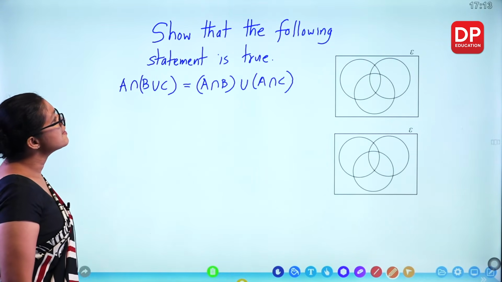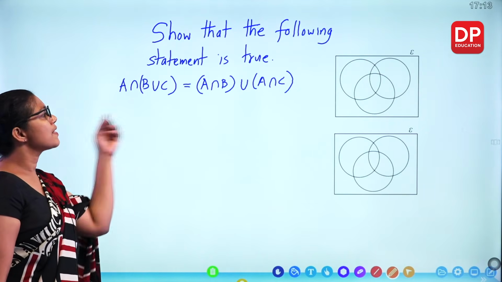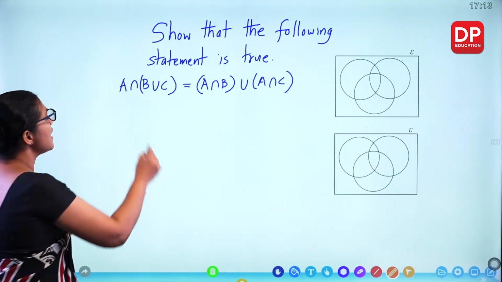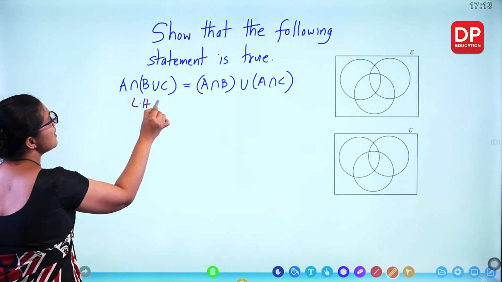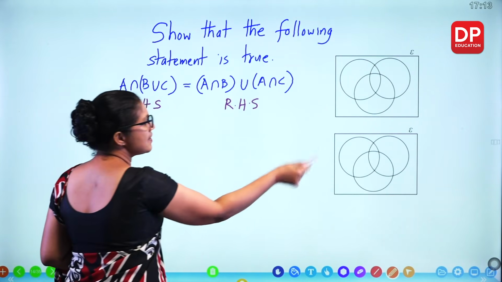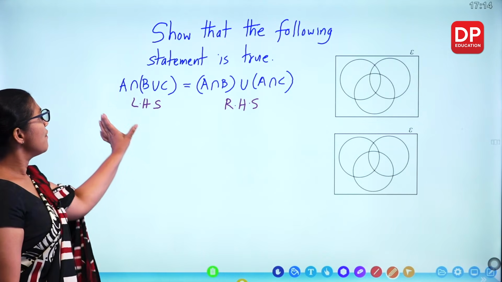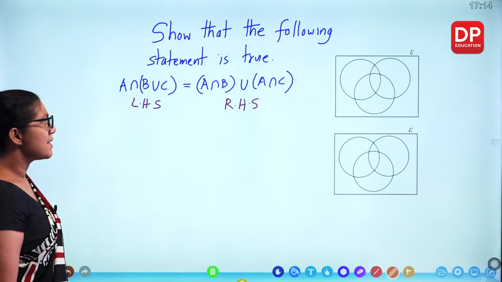Show that the following statement is true. So you are asked to show this side is equal to this side. We'll take this as left hand side and this one as right hand side, and we'll see whether you are getting the same region for left hand side as well as right hand side.